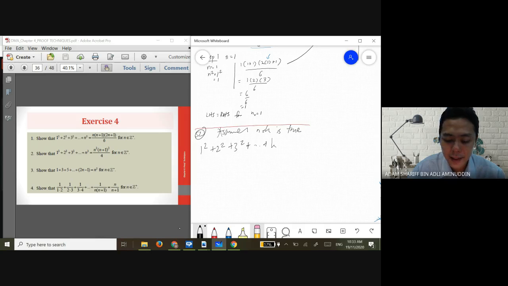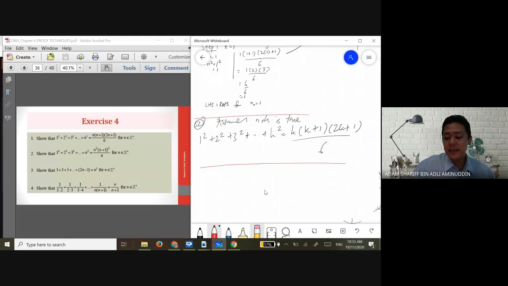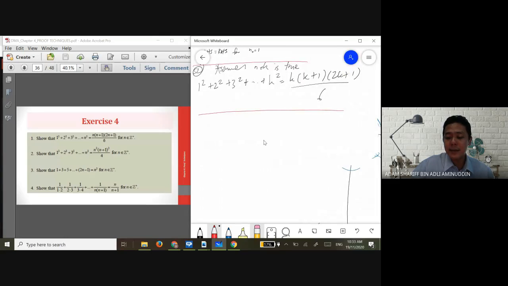K squared sama dengan k(k plus 1)(2k plus 1) over 6. So the step 2 is done here. That's all. You need to substitute n equals to k. And don't think this is just a simple tulis-tulis. Memang nanti kamu akan guna step 2 ni.